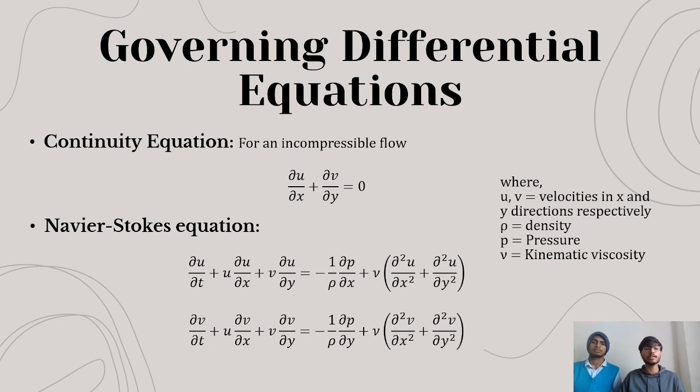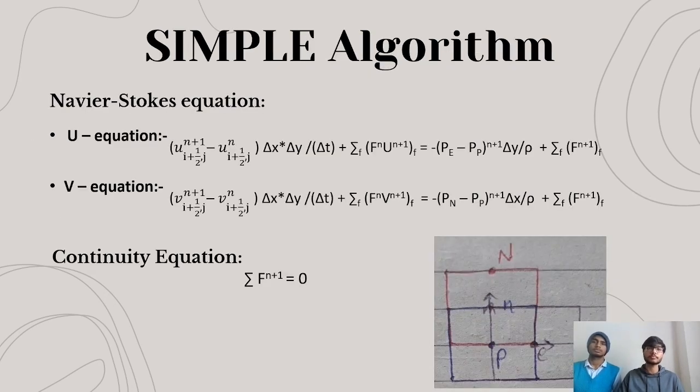And for y direction, it is del v upon del t plus u del v upon del x plus v del v upon del y is equal to minus 1 upon rho del p upon del y plus nu times del 2v upon del x2 plus del 2v upon del y2, where rho is density, p is pressure, and nu is kinematic viscosity. These equations, when solved together, provide a detailed understanding of fluid motion in an incompressible flow.